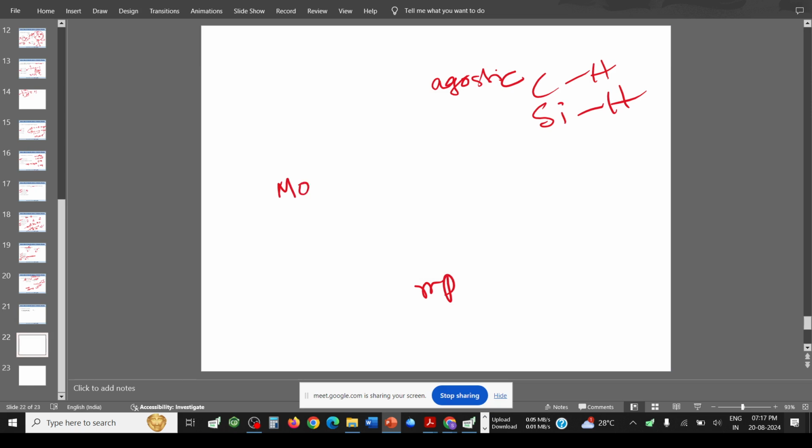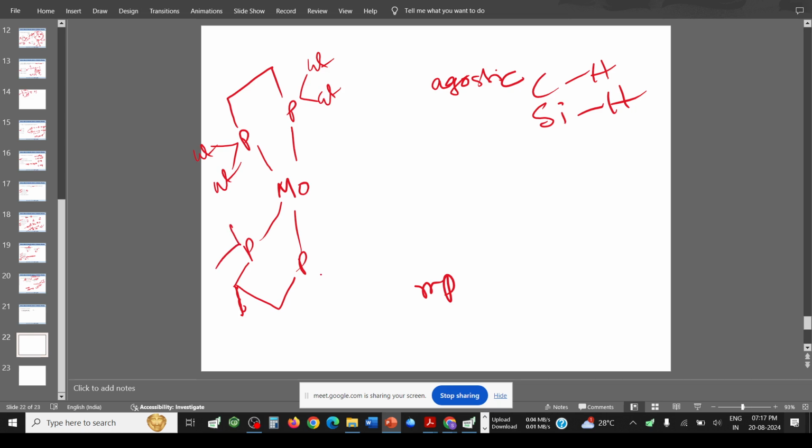molybdenum, and we have the phosphorus ligand, with phosphorus substituted with ethyl, and again phosphorus substituted with ethyl, and we have that activation giving the hydride complex with SiH3, like the CH3 we are having.